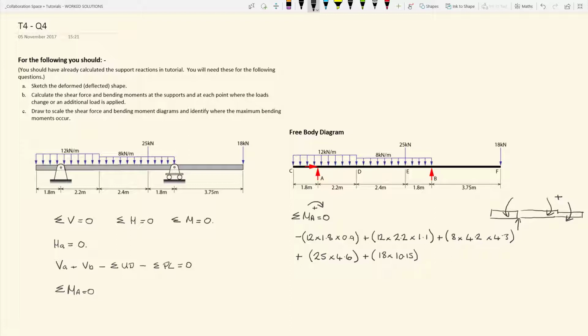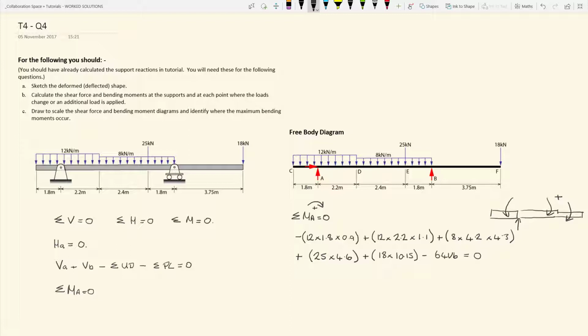So that's all the loads taken care of, and the last action is going to be the action at B. That is acting in an anti-clockwise direction about A, so that becomes minus 6.4 VB, and then obviously that all equates to 0 because the sum of the moments about A equate to 0.